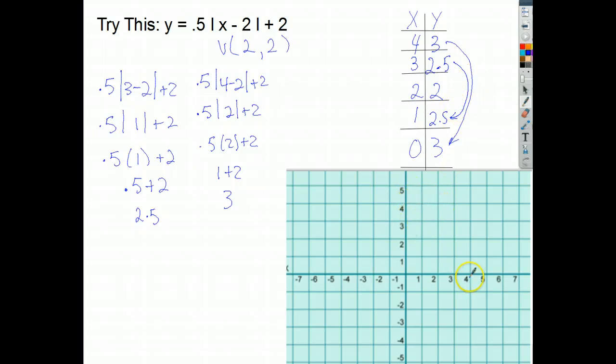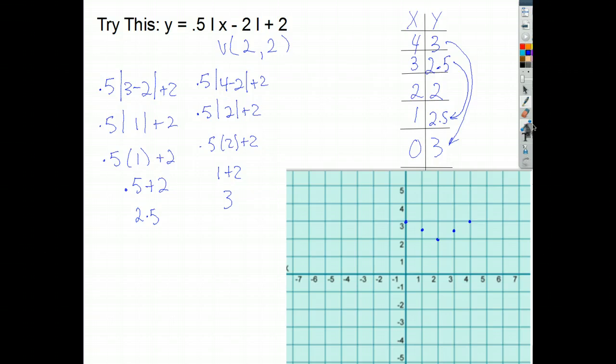All right, let's graph this. At 4, 3, we have a point on our V. At 3, 2.5, that would be right about in here. At 2, 2. At 1, 2.5, and 0, 3.